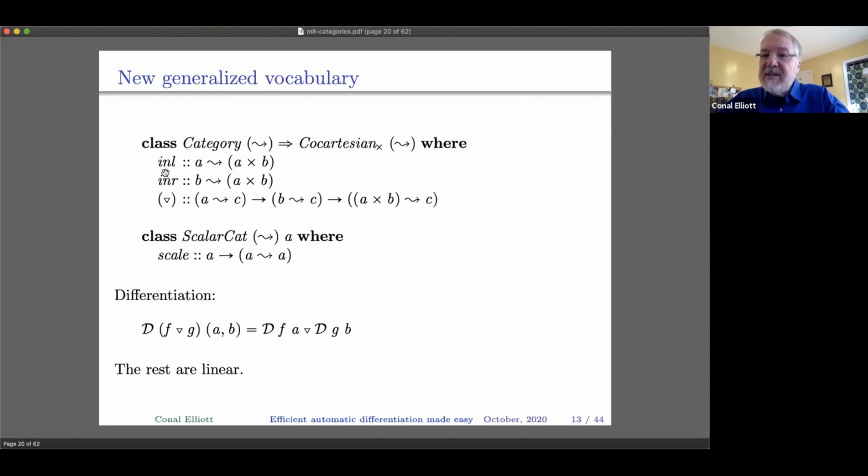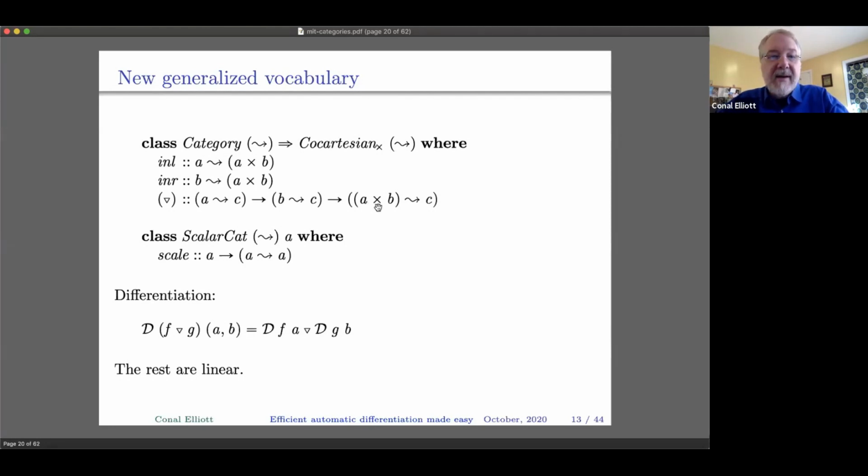Before we had a projection that would take a pair and give you the left or the right, the two projection functions. Here we have an injection: you give it the left or the right, and it'll give you a pair. And the join operation, likewise, takes two morphisms having the same codomain and gives a morphism from a product, which is the same as the coproduct in these categories.